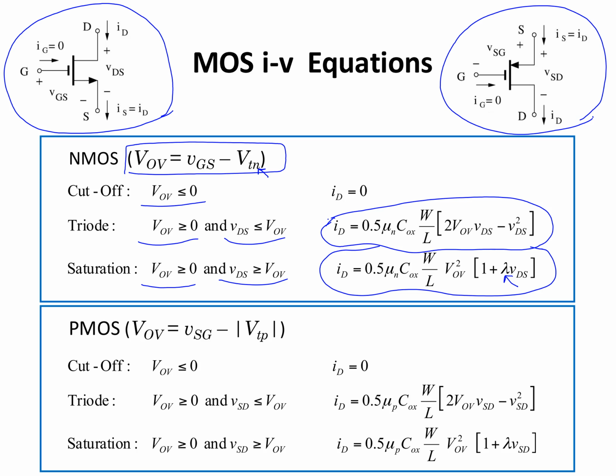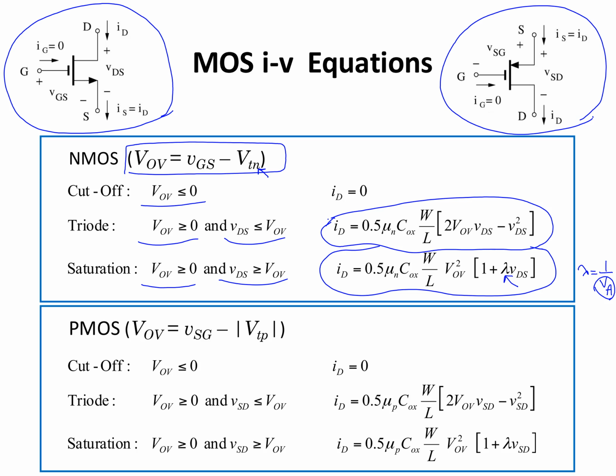It's usually a small number, and that's equal to 1 over VA. VA is the early voltage, and it's usually a very large number. So sometimes in the problems we're asked to assume a 0 value for lambda, which is going to simplify the calculations.